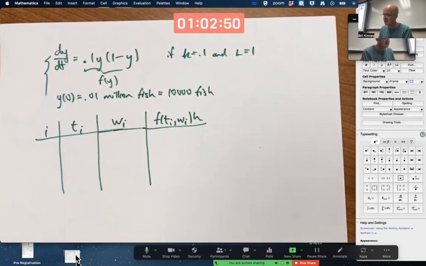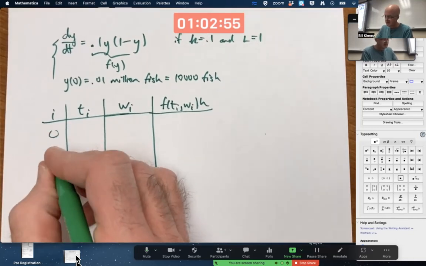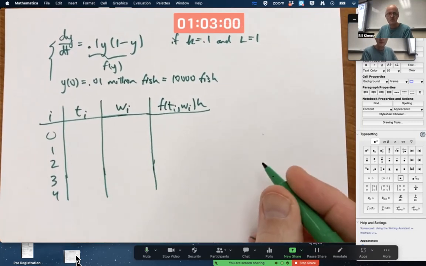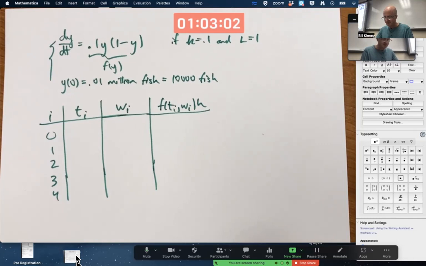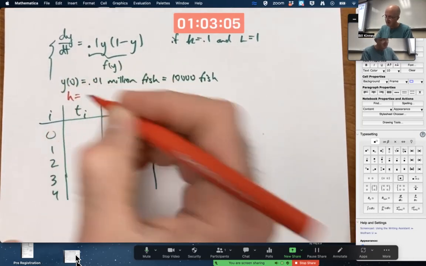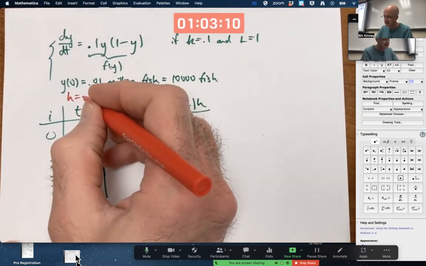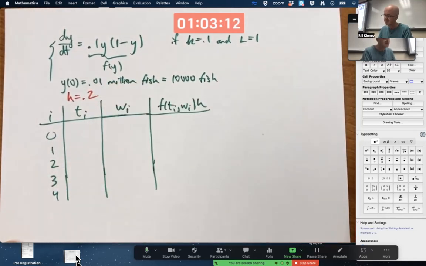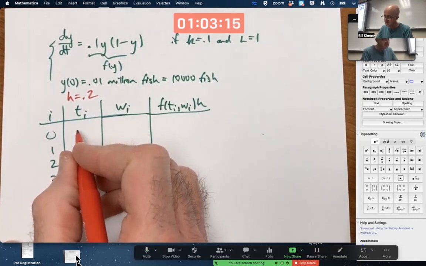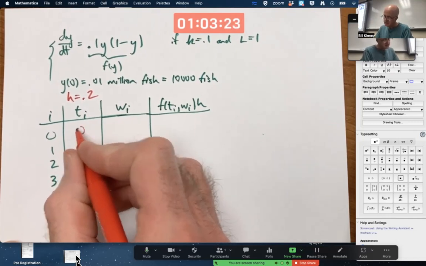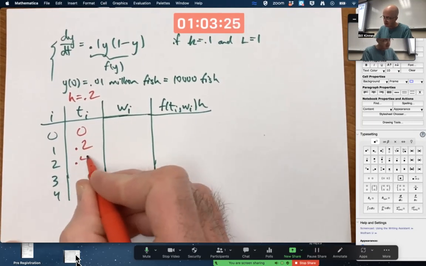Then I'm going to add that to the wi to get wi plus 1. What do I choose for h? That's up to you. Time is in years. I don't know, we could choose h as 0.2 just to be something different here. 0.2 years, so that would be about 72 or 73 days. So the ti keep going up by 0.2.